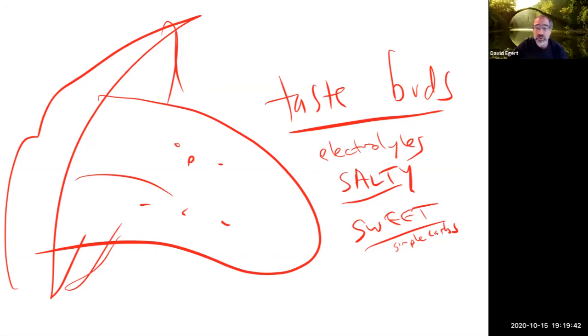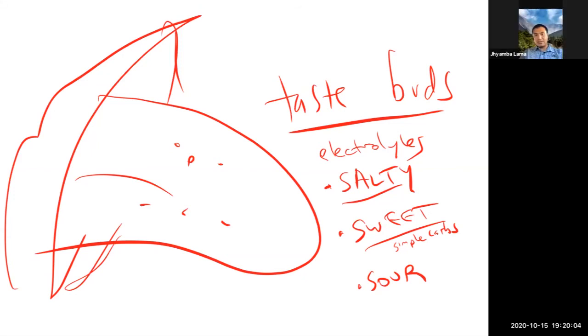In fact, glucose does not activate these as strongly as fructose. The same amount of fructose tastes sweeter than the same amount of glucose. Salt, sour. What does it mean if something is sour? Citric acid. Acidity.